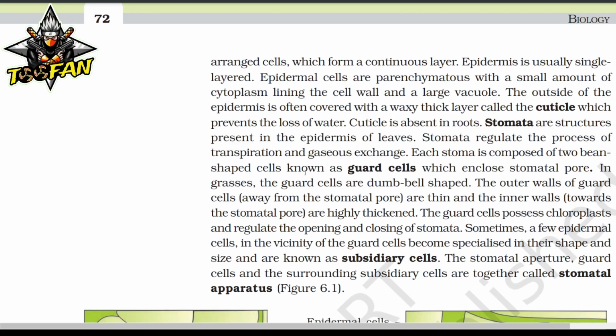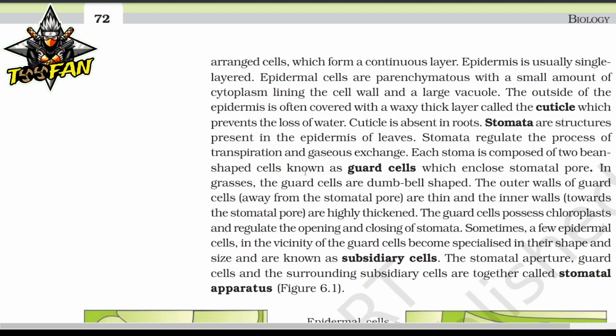Stomata are structures present in the epidermis of leaves. Stomata regulate the process of transpiration and gaseous exchange. Each stoma is composed of two bean-shaped cells known as guard cells, which enclose the stomatal pore. In grasses, the guard cells are dumbbell shaped. The outer walls of guard cells away from the stomatal pore are thin, and the inner walls towards the stomatal pore are highly thickened.